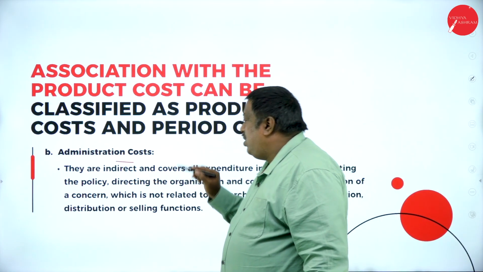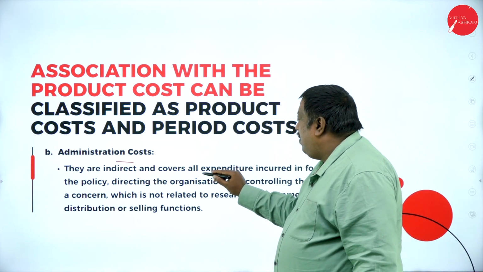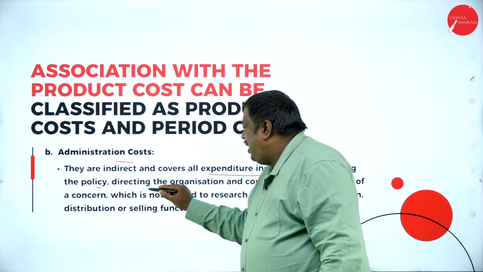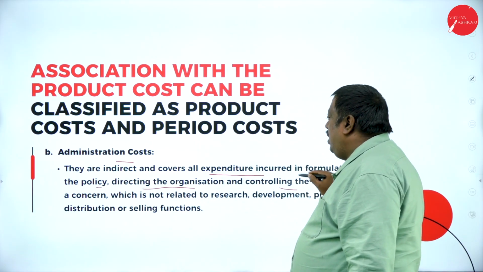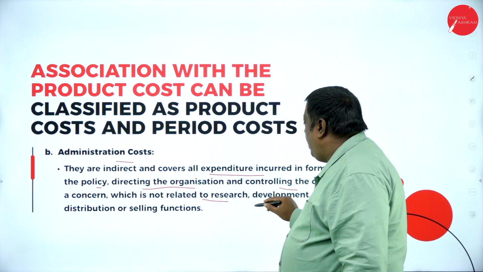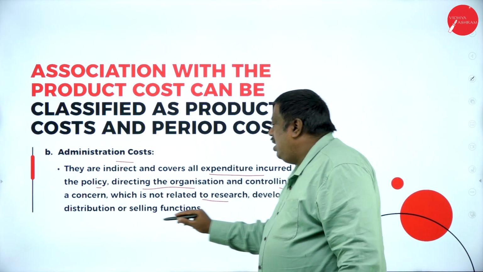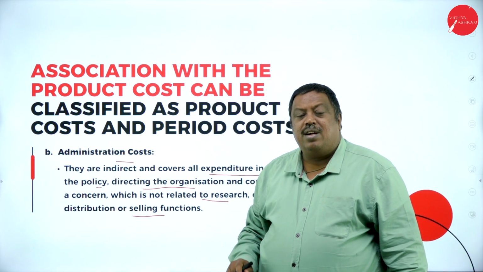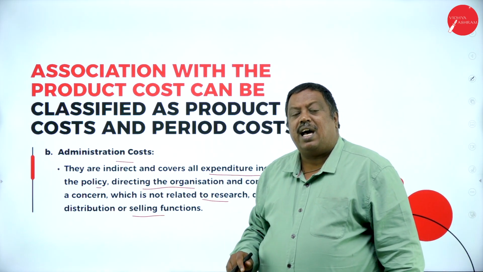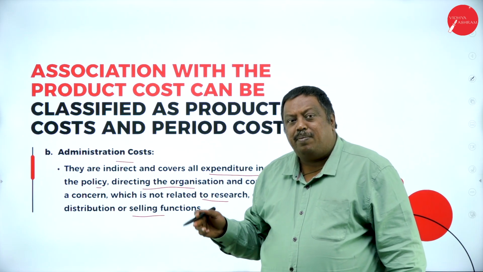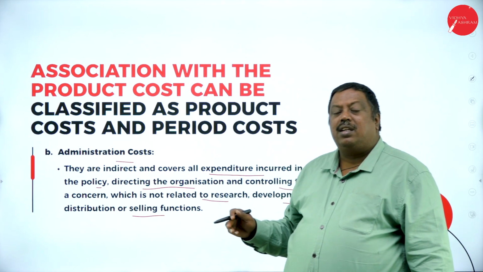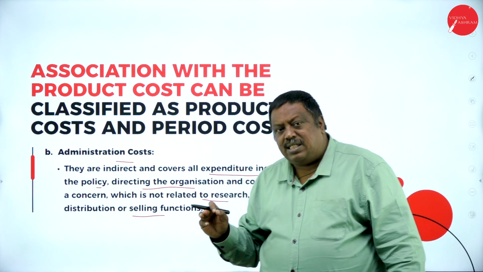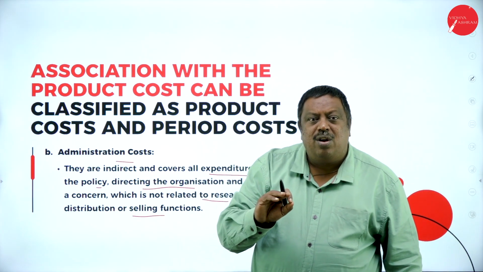What are administration costs? They are indirect and cover all expenditure incurred in formulating the policy, directing the organization, controlling the operation, which is not related to research, development, production, or selling function. So administrative cost is totally different from the costs added for other concepts. Administrative cost is incurred to frame the rules and regulations for the business activities, either internal or external.